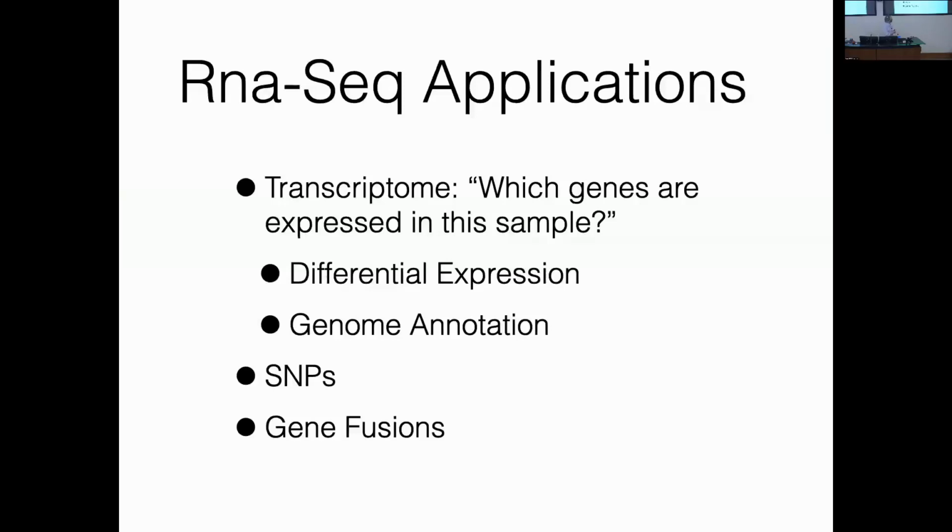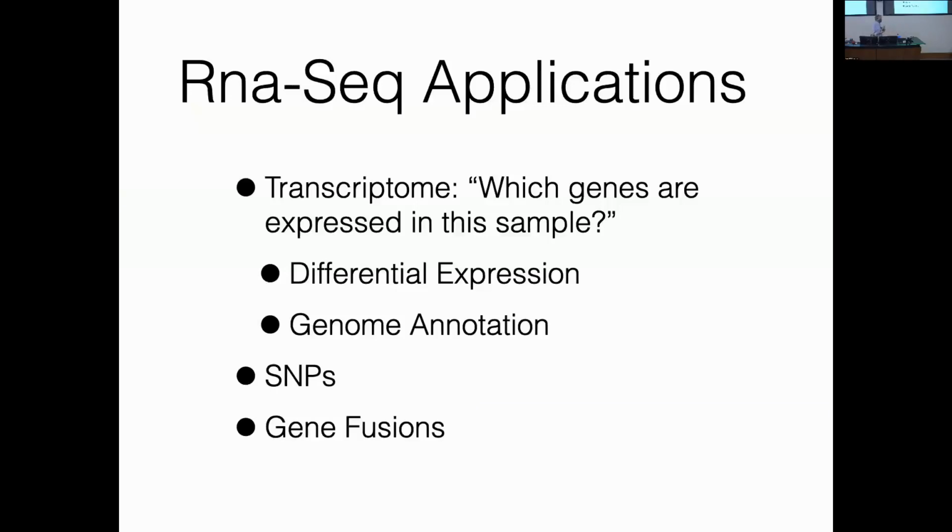The most common application is differential gene expression, saying, okay, what's different between sample A and sample B in terms of the genes that are being expressed or the levels at which those genes are being expressed.